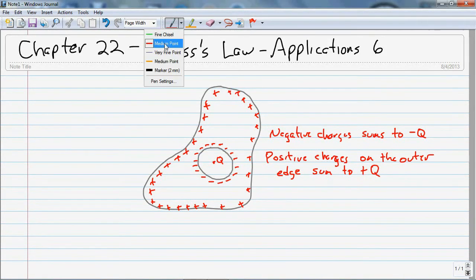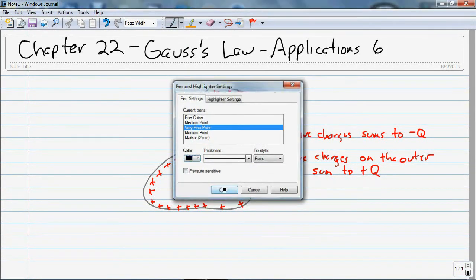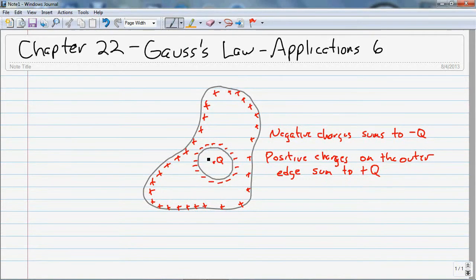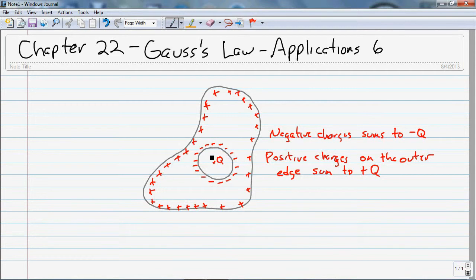Now, let's just, for our example, say that I have a Gaussian shell inside of this cavity.